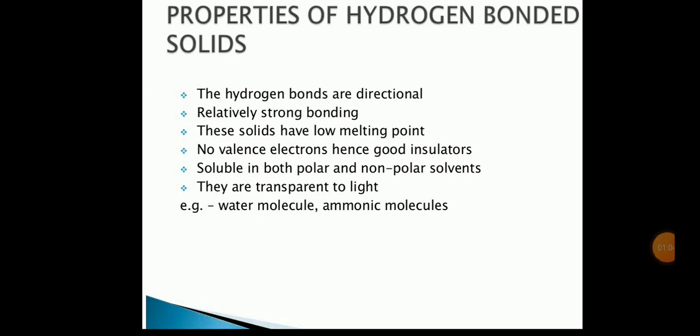The hydrogen bonds can be intermolecular, occurring between separate molecules. Another one is intramolecular, occurring among the parts of the same molecule. So these are two types: intramolecular and intermolecular.